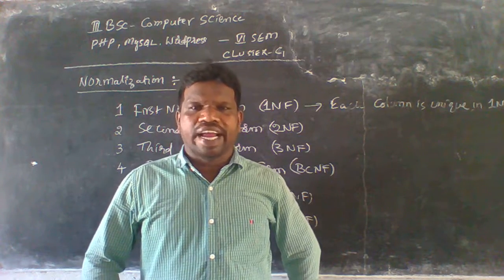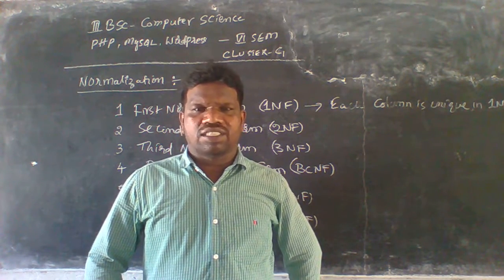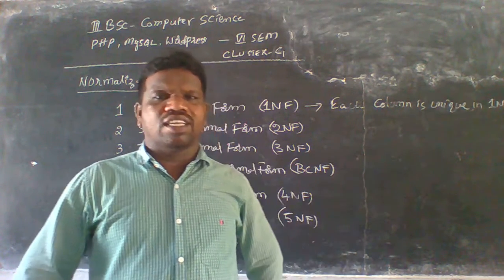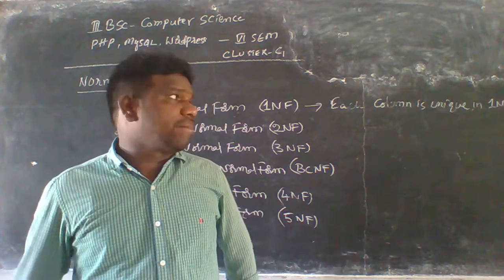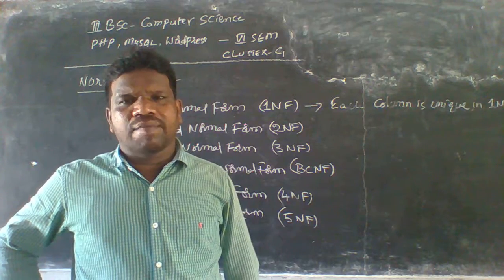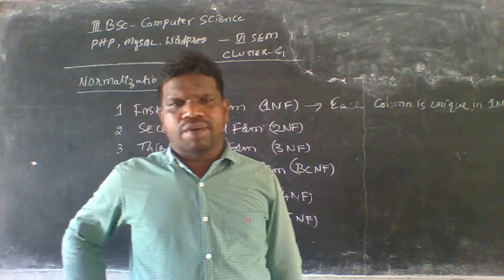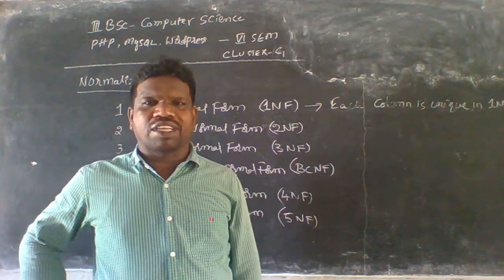A table can contain unique and non-unique fields. Unique fields can be something like a serial number, student number, Aadhaar number, admission number or register number.